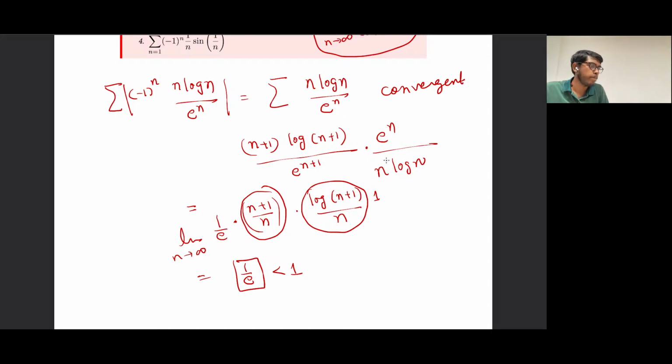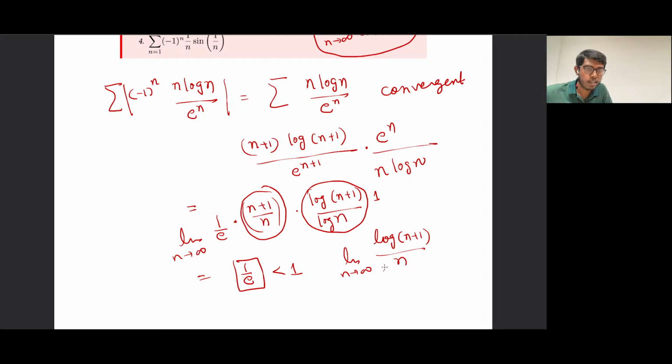Clear to everyone? Let's see whether this is 1 or 0. This is the limit as n tends to infinity of log(n+1) by log n.